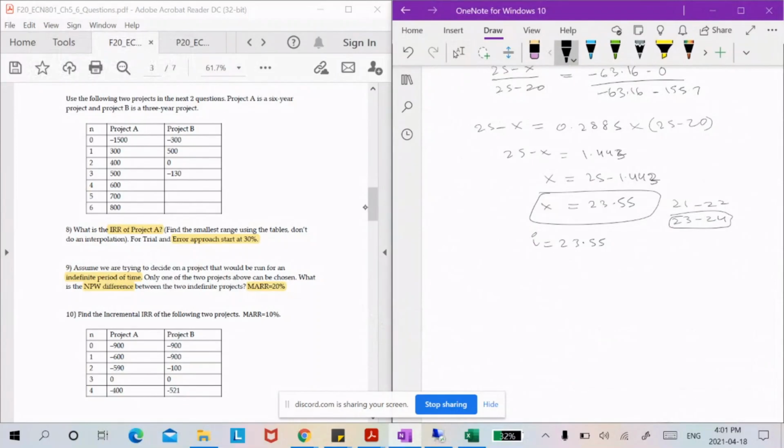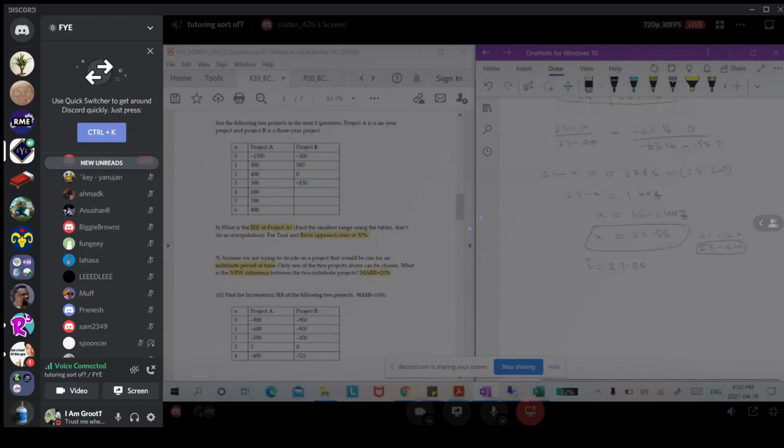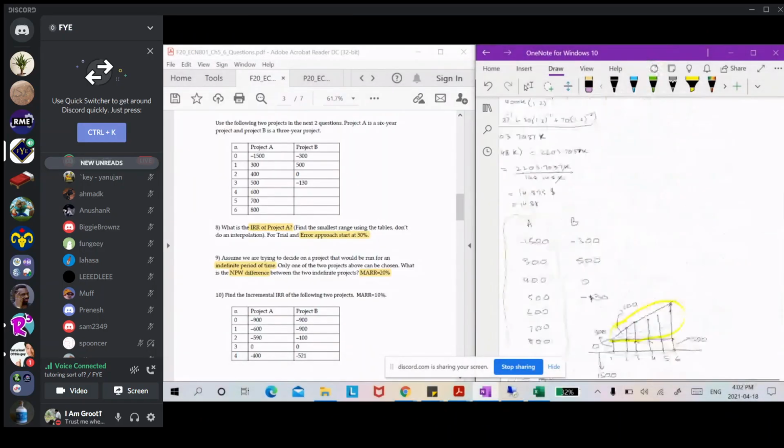Now in the ninth question, they're asking us to find the net present worth difference. In order to find the difference, we need to find the net present worth in each case. So let me copy that table down.